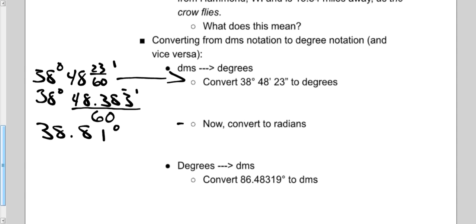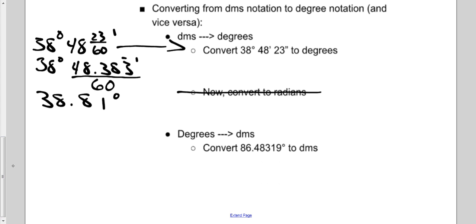I'm going to skip converting to radians because I really want to get to this. I want to go back now from this hot mess into degrees, minutes, and seconds. Remember, I have 86 degrees. How do I find the number of minutes? I take the decimal, 0.48319, and do what to it?